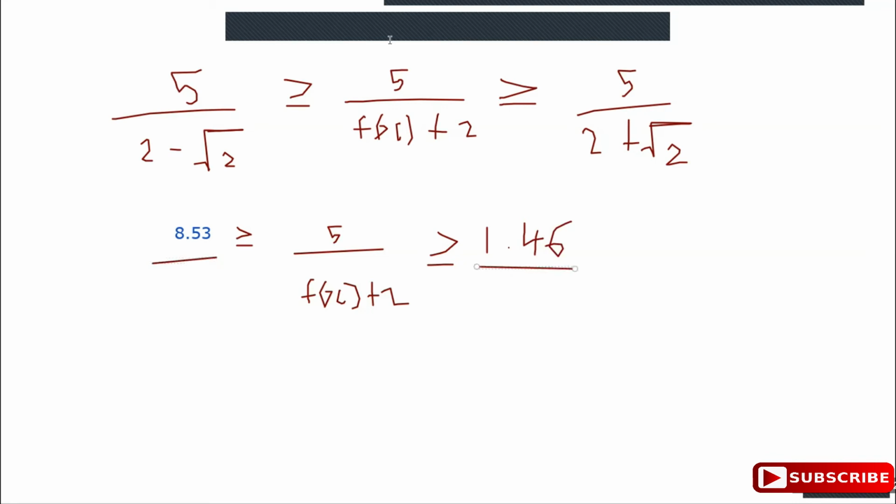So we can tell them that the maximum value of 5 over f of x plus 2 is equal to 8.53. We definitely can tell them that. That's what we can conclude.